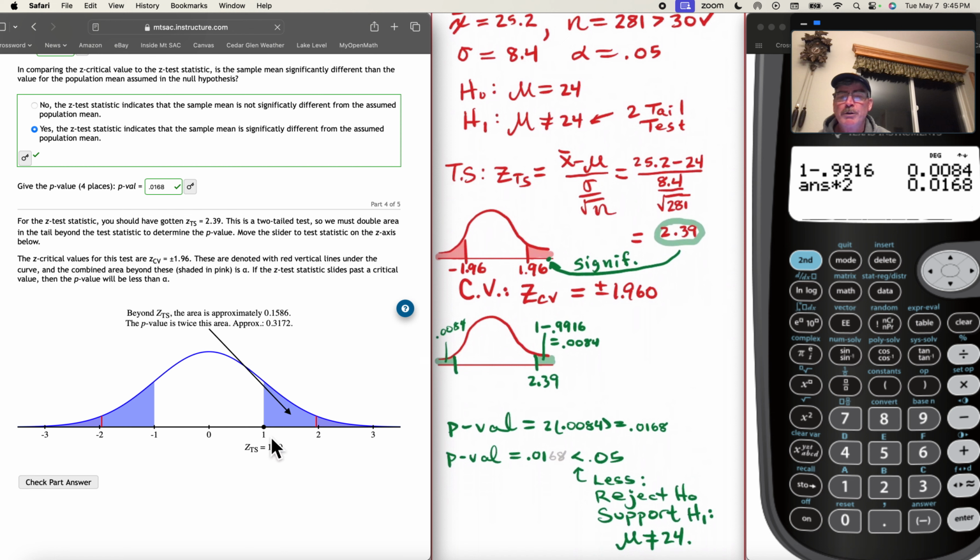Just a quick reminder, you should grab the dot when you move the test statistic. So sometimes the test statistic comes out negative, but the dot won't ever be on the left. It'll always be over here, and you have to drag it to the left like this if you want a negative test statistic. This one's positive, and I have to move it to 2.39, so here goes.